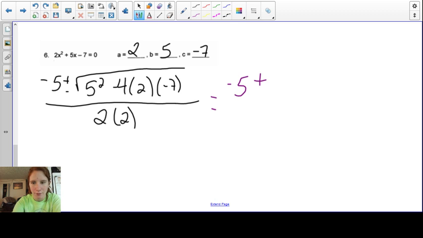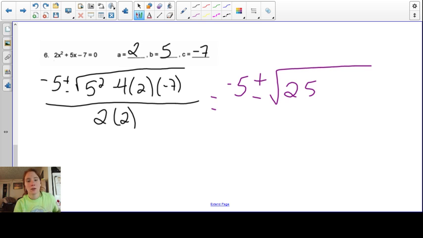That's going to give me negative 5 plus or minus the square root of 25. I got negative 4 times 2 times negative 7, which is 56, so plus 56 all over 4.